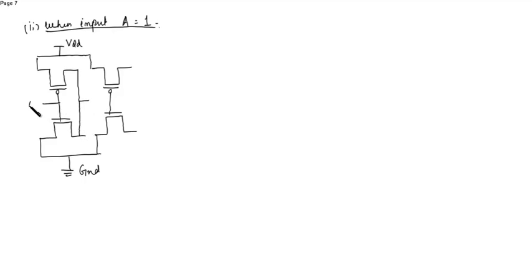This is the input A, output A bar, which is given as input to the second inverter, and the obtained output is A bar whole bar equal to A. So when A is equal to 1, this is P1, N1, P2, N2.